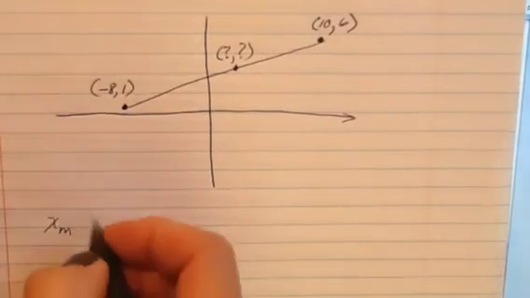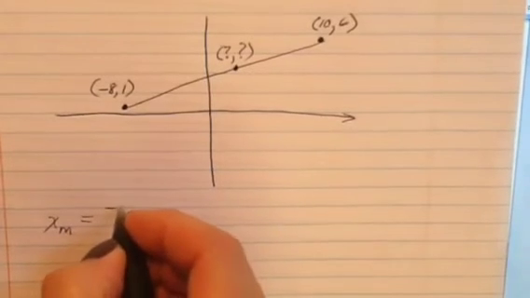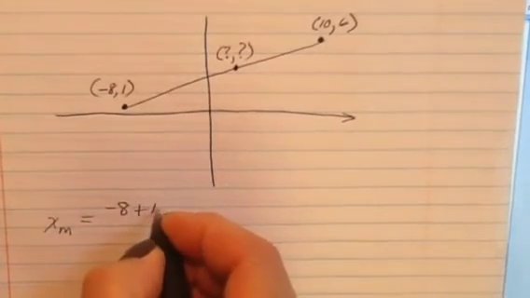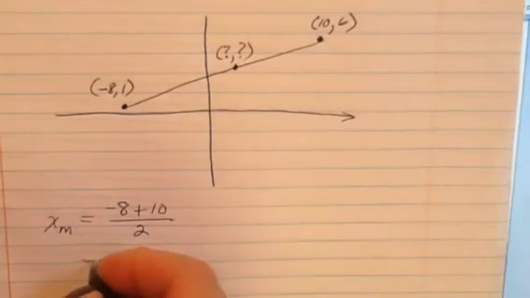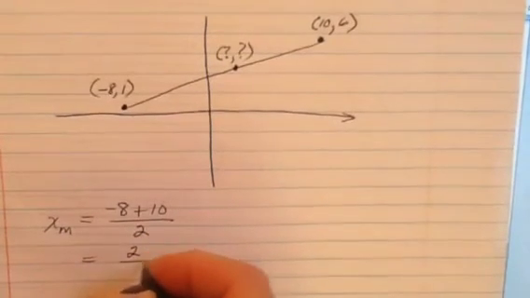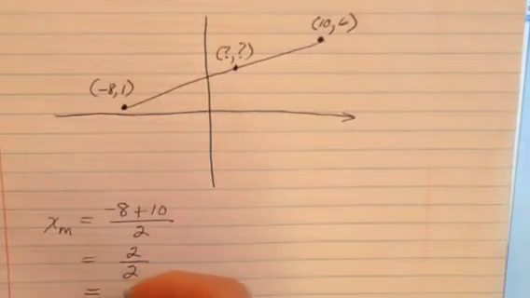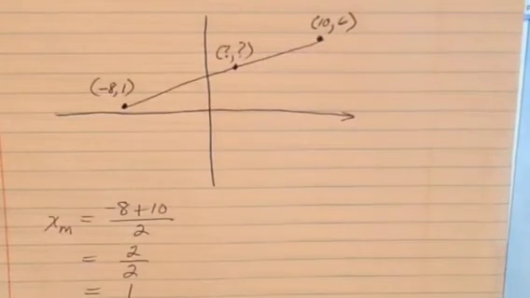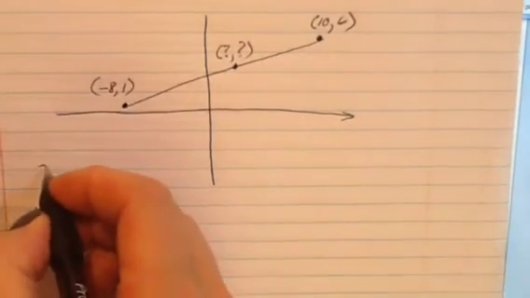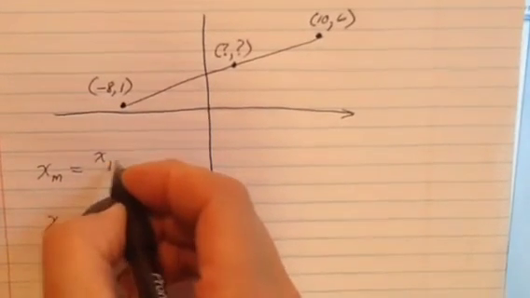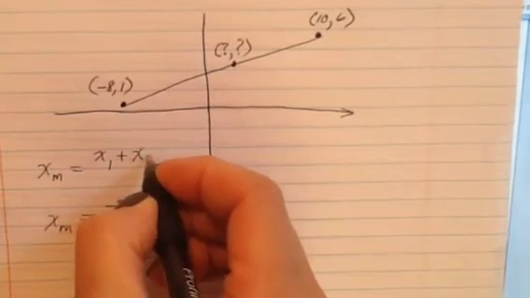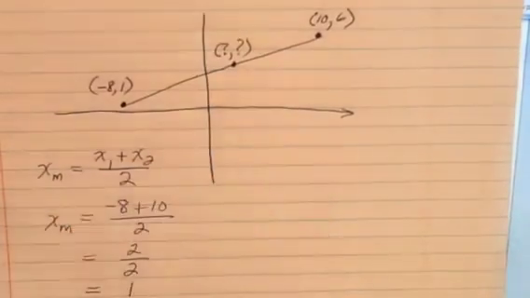The middle of my x's is simply going to be -8 plus 10 divided by 2, which is 2 divided by 2, which is 1. That is my x middle. My x sub m equals my x sub 1 plus my x sub 2 over 2.